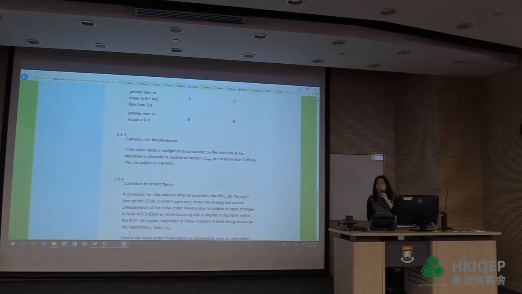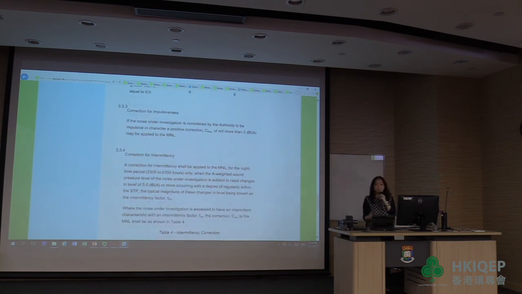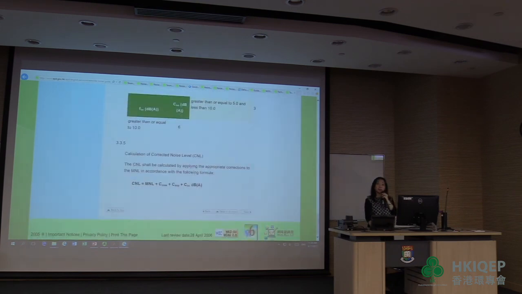And also correction for impulsiveness when the sound source is impulsive, and correction for intermittency, like when the sound source just turns on for a short period and then is off, so this is the intermittency correction, etc. So this part is usually also missed. A lot of people measure the noise level and then they report that, but in fact they need to do some correction.